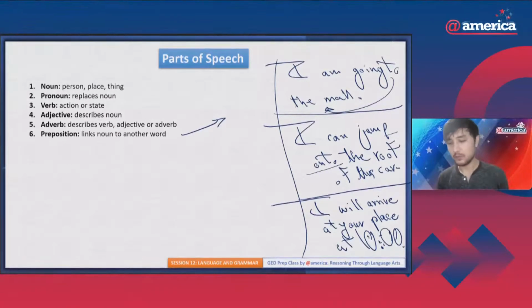Okay, I'll arrive at your place at 10. In here, this at, by the way, is not a preposition. This at, however, is. This at actually connects your place in this sentence to arrive, but this at is just used to talk about time, to specify it's an adverb.